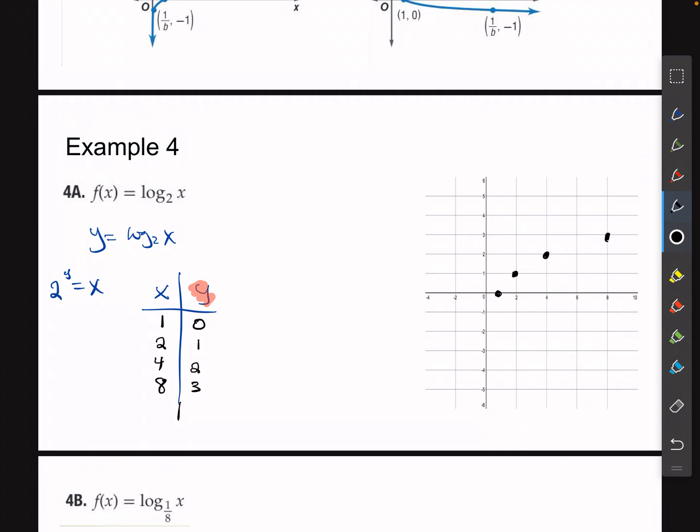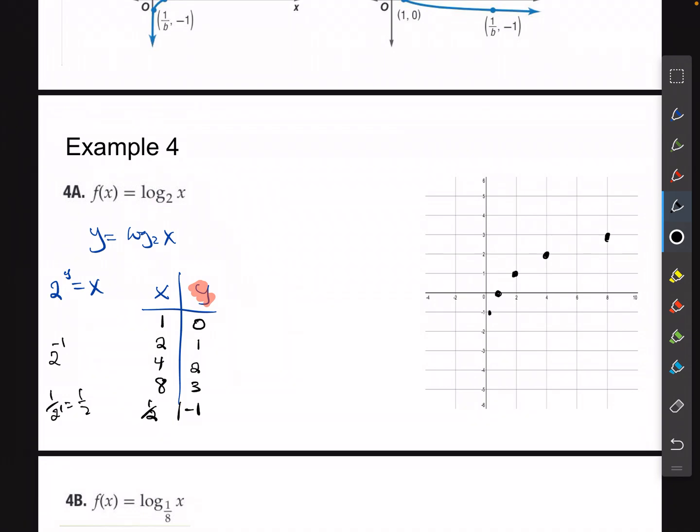Let's see here. What else? What happens if I choose a -1 for y? 2 to the -1 will give me a half, because 2 to the -1 is the same thing as 1 over 2 to the 1, which is 1/2. So at 1/2, which is somewhere in here, I'll be at -1.